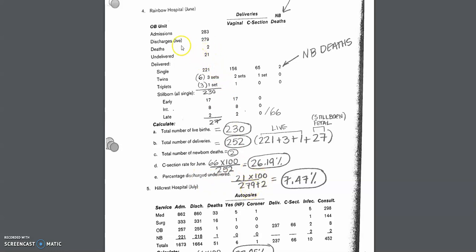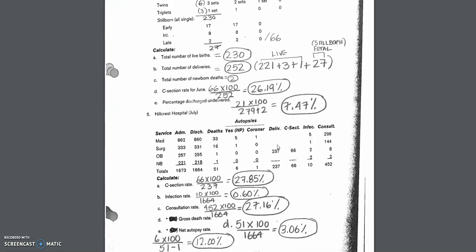And then your total number of discharges all had the potential to be discharged undelivered. And so because this says live, we have 279 plus 2 OB deaths, and you're going to get 7.47%. So that was a little tricky. Hopefully you were able to get that one.